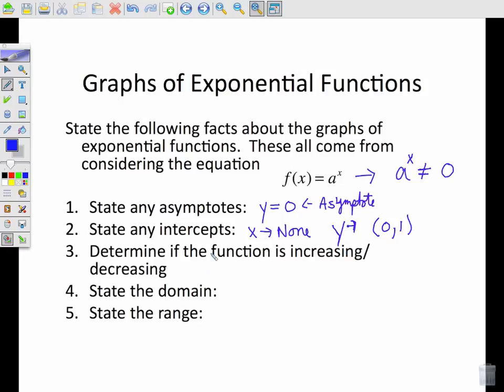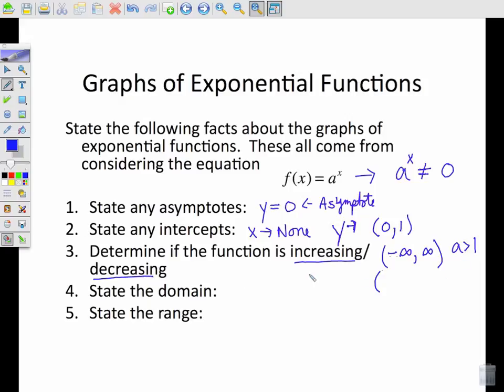Determine if the function is increasing or decreasing. Well, increasing goes along with our growth function, and decreasing goes along with our decay. So it increases from negative infinity to positive infinity as long as a is greater than 1.